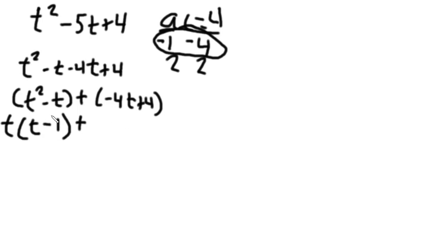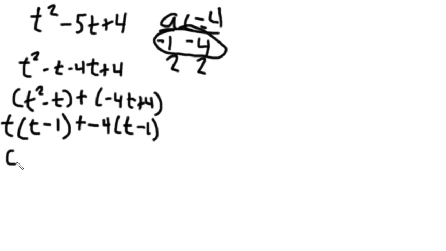You want this minus 1 to match. So to make it match, I'm going to pull out a negative 4. That leaves me with t minus 1 on the inside, because negative 4t divided by negative 4 is t, and 4 divided by negative 4 is negative 1. Now my t minus 1's match, so that's my check that I have factored correctly.